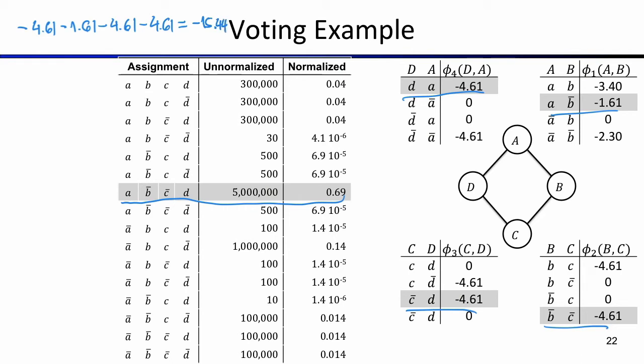So we take this number and we need to calculate the probability, and we first calculate the unnormalized probability. That's going to be P2 of A not B, that assignment not C, D, and it's going to be equal to the exponentiation of minus 15.44.